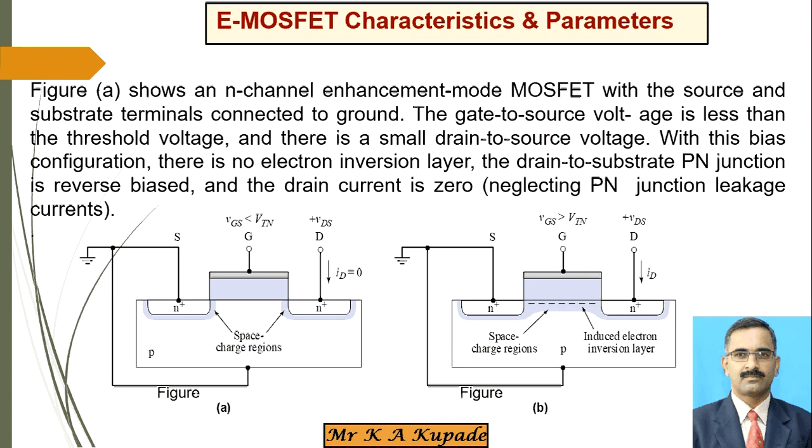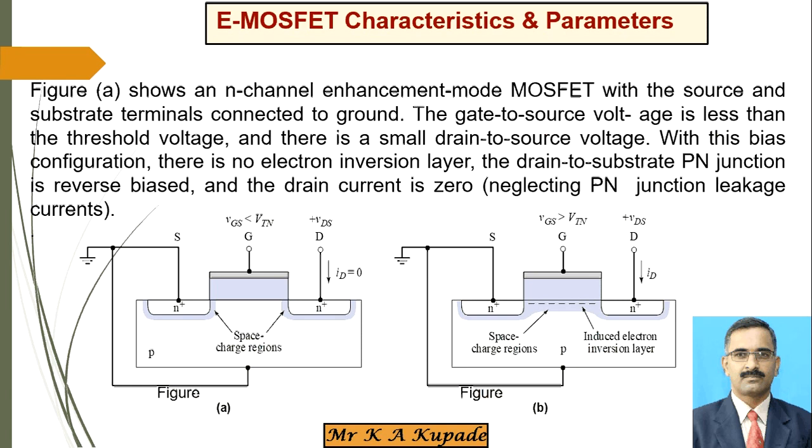Between the drain and substrate region there is no inversion, and the device is in the reverse bias condition, and the drain current is entirely zero, right? That means whenever the gate to source voltage is less than the threshold voltage, there is no current flowing through the space charge region. Why? Because the inversion layer is not created.